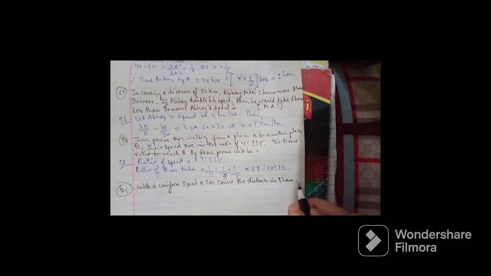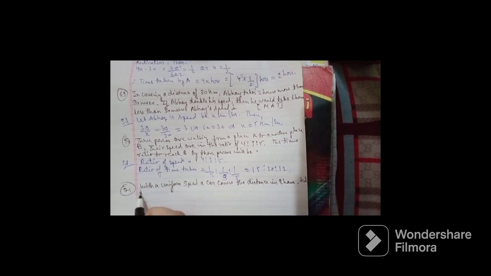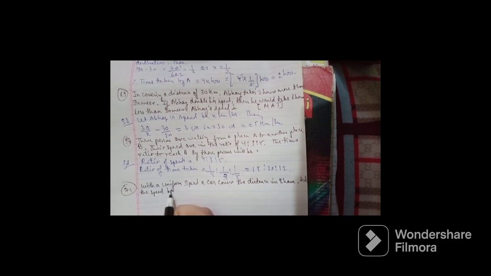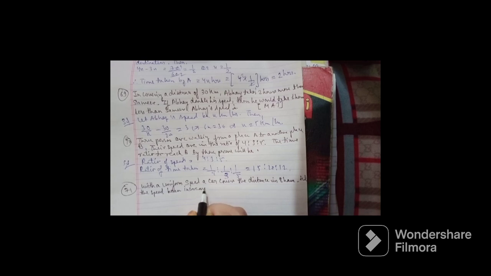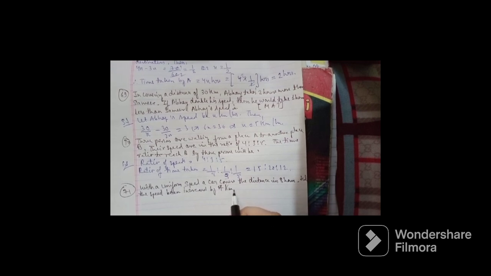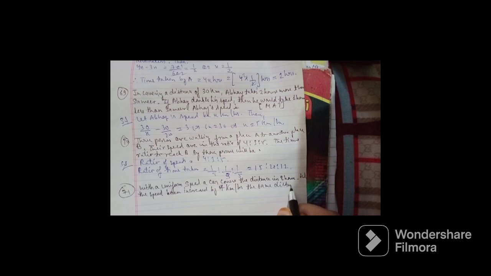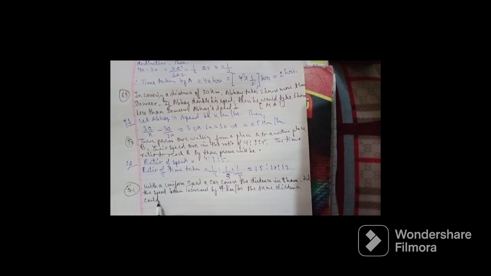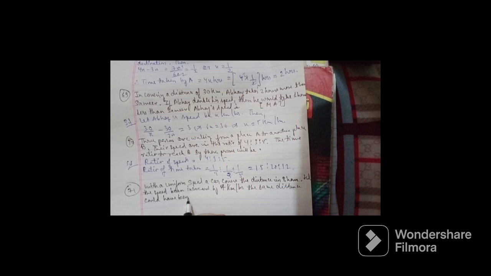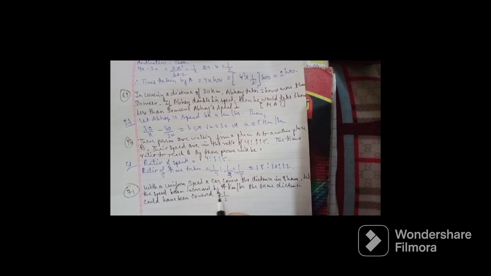Had the speed been increased by 4 km per hour, the same distance could have been covered in 7/2 hours.